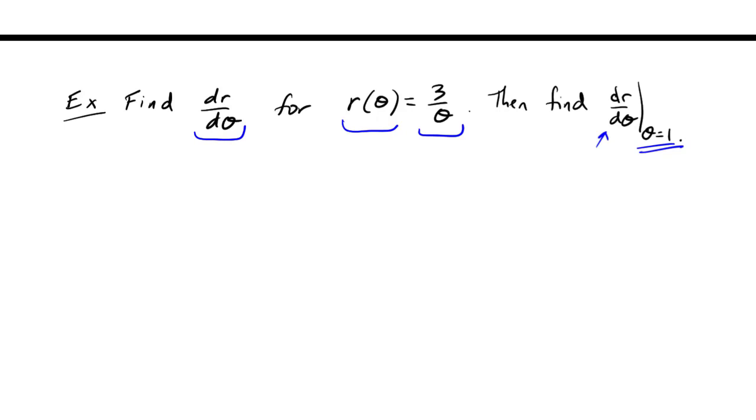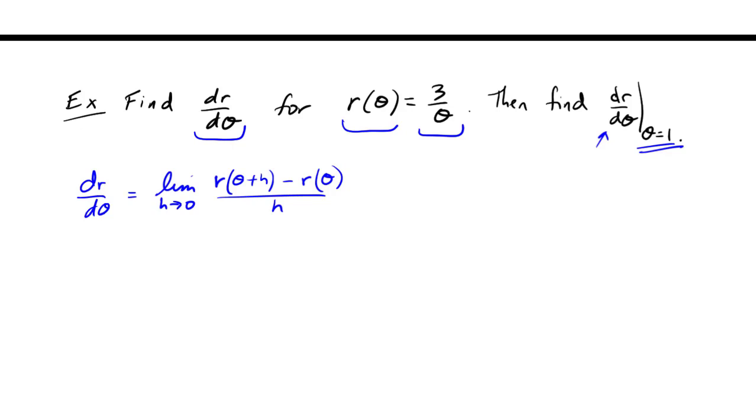All right, so dr d theta, again, we could think of it as r prime of theta. It's still going to be the limit as h approaches 0 of r of theta plus h minus r of theta over h, because instead of thinking about f of x, we're thinking about r of theta.